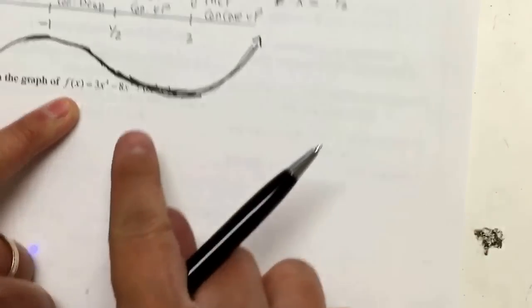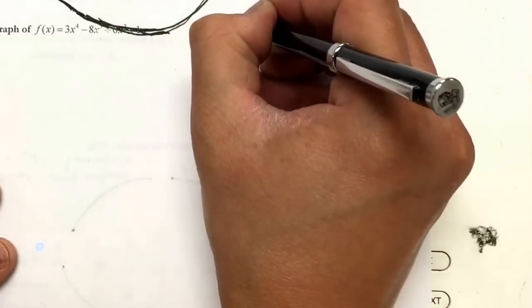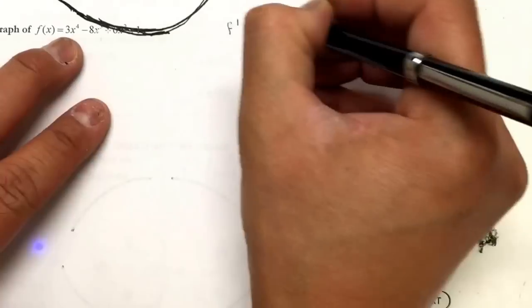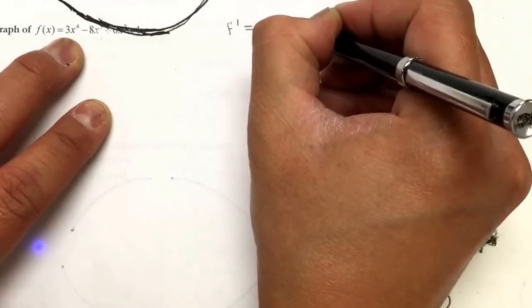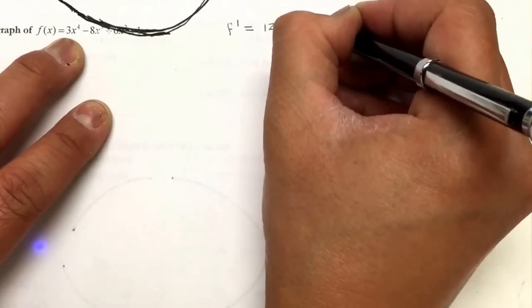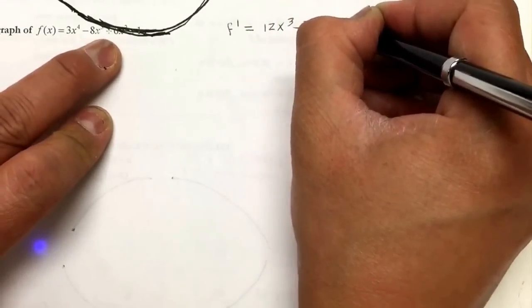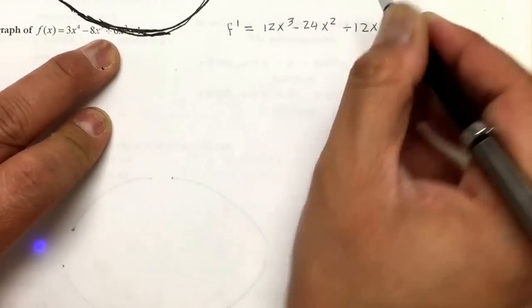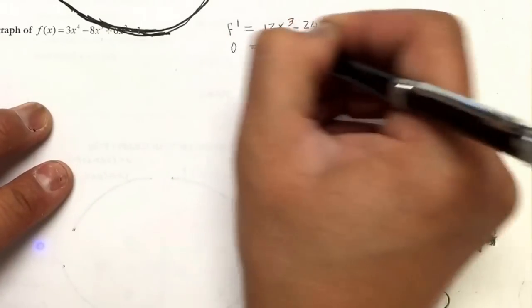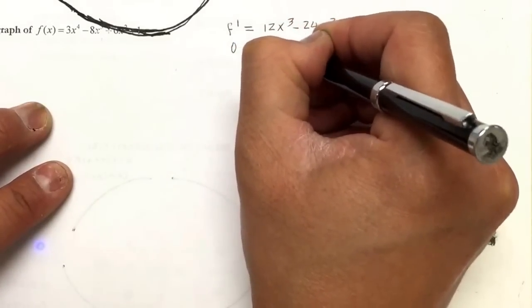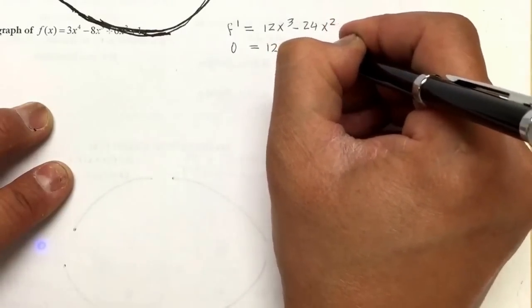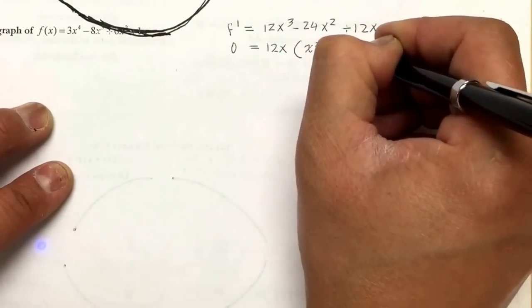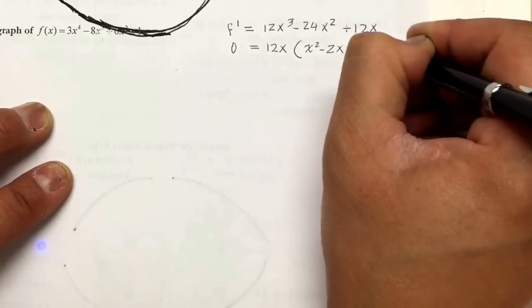So to sketch this graph, we once again have to set up the 2 number lines. The first derivative function is going to be 12x to the third minus 24x squared plus 12x, and setting that equal to 0, factor out a 12x, we have x squared minus 2x plus 1 left inside.